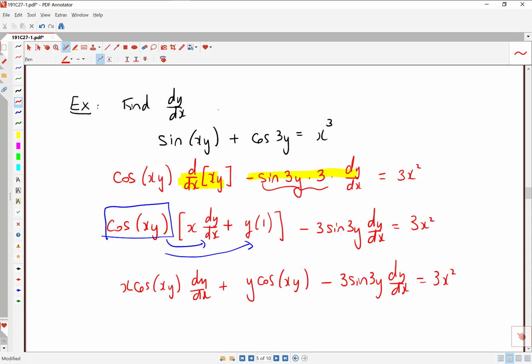Okay, now just a point on notation here. When you write something like cos of xy, it's optional whether you want to bracket that or not. If your two quantities are multiplied together, then it's understood that the trig function applies to the entire thing. So it's up to you to decide whether you think cos of xy looks better bracketed or unbracketed.